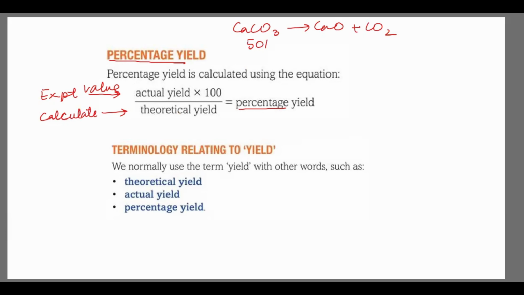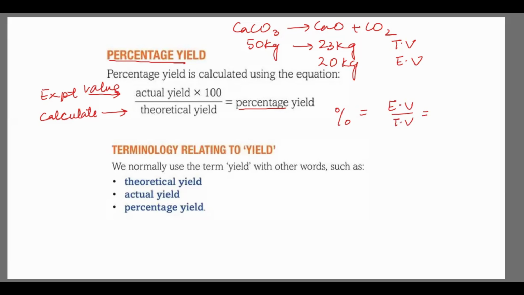If I take 50 kg of calcium carbonate, I'm calculating 23 kg on paper. This is my theoretical value, but experimentally, I'm getting 20 kg. So, what is my percentage yield? Percentage yield will be my experimental value divided by my theoretical value.